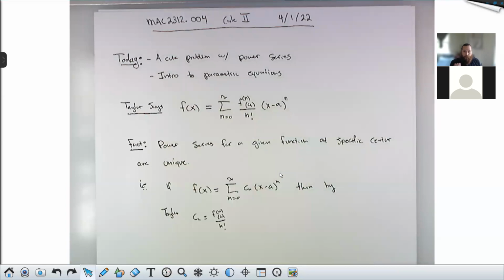In other words, if you have two different series representations for a function, they actually have to be the same series, as long as the center is the same.